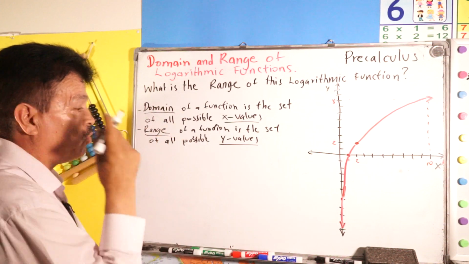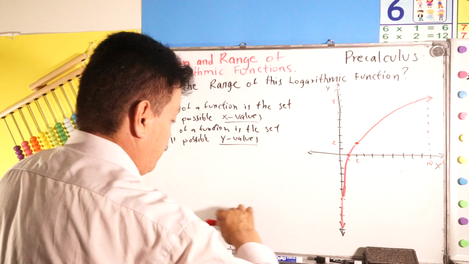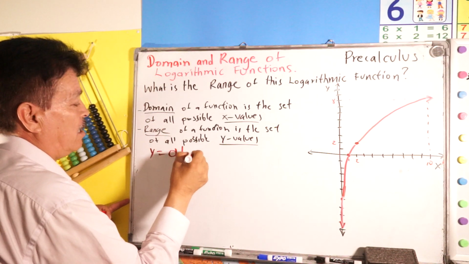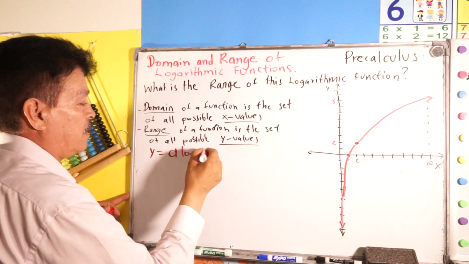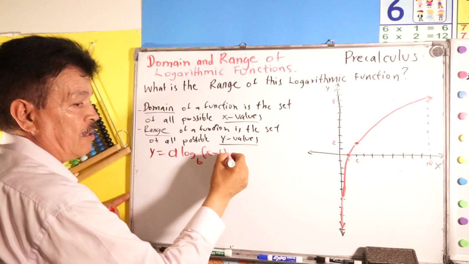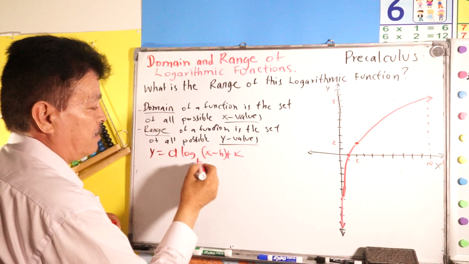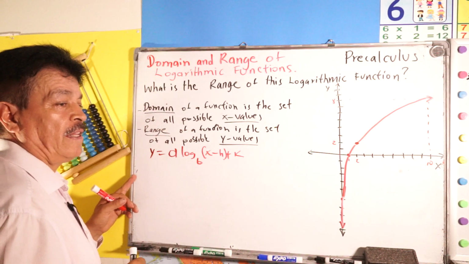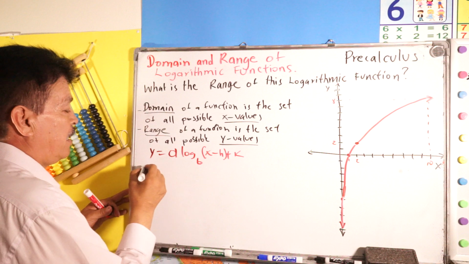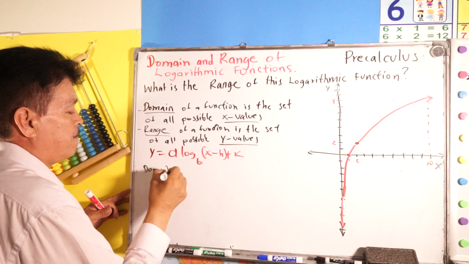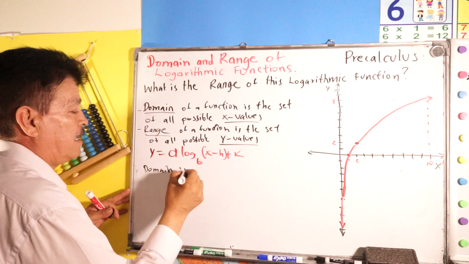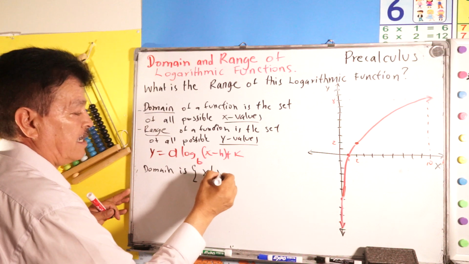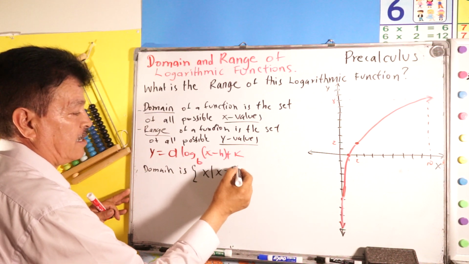Now, for the logarithmic function, we have y equals a log of (x minus h) plus k, with base b. Here the domain is the set of x such that x is greater than h.